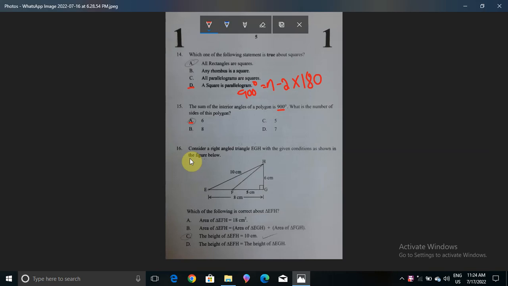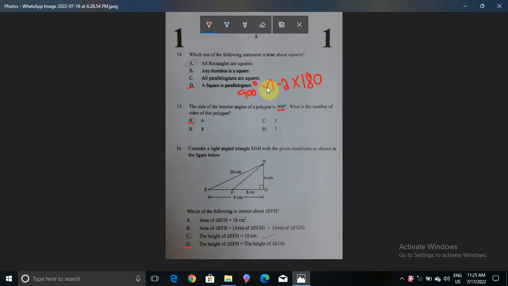No. Area of triangle EFH is equal to area of triangle EGH plus area of triangle FGH? No. The height of triangle EFH is equal to 10 centimeter? No. The height of triangle EFH is equal to the height of the triangle EGH. So the correct answer will be choice D.